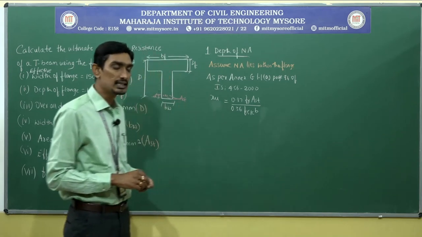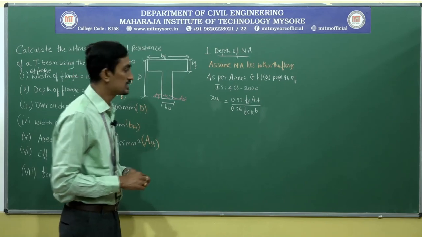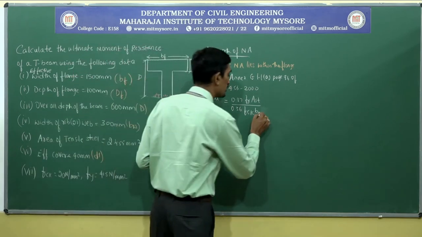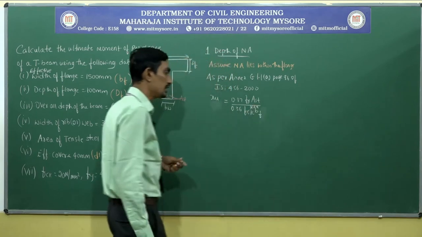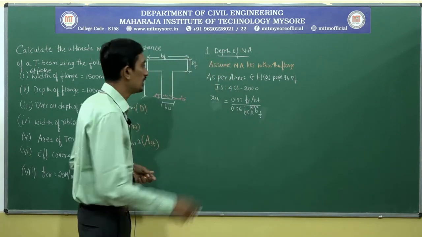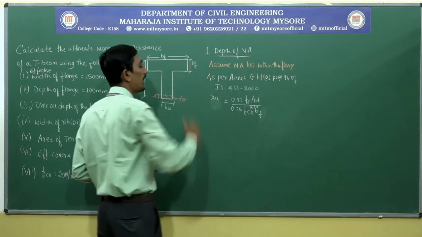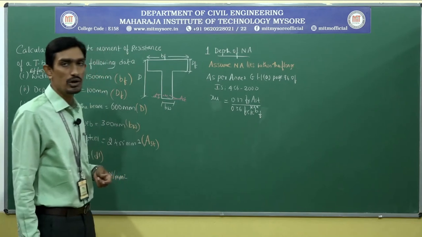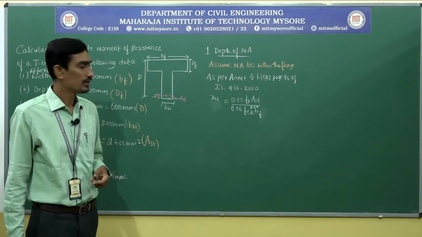Just like what we did in the last problem, in the last session, the same thing I am going to write here is BF. Why BF? Because I have assumed the neutral axis is lying within the flange. That means I am going to consider the width of the flange. Is it clear? Fine.